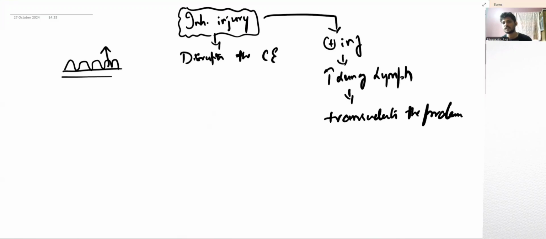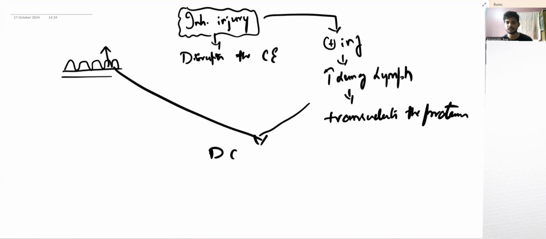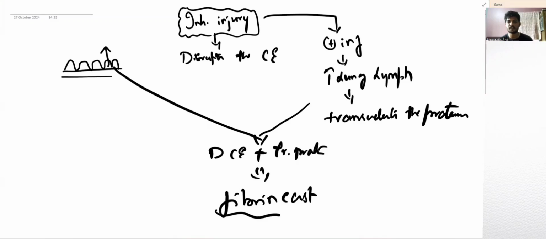Now, these extravasated proteins in the lumen of the tracheobronchial tree and the disrupted epithelium, right? The epithelium which is disrupted along with the transudated extravasated proteins forms what is called a fibrin cast. So a fibrin cast in a lung is formed by the ciliary epithelium that is disrupted and the proteins that are transudated.